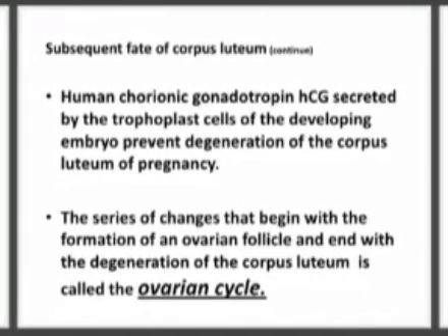Human chorionic gonadotropin, HCG, secreted by the trophoblast cells of the developing embryo, prevents degeneration of the corpus luteum of pregnancy. Pay attention to this. The series of changes that begin with the formation of an ovarian follicle and end with the degeneration of the corpus luteum is called the ovarian cycle.